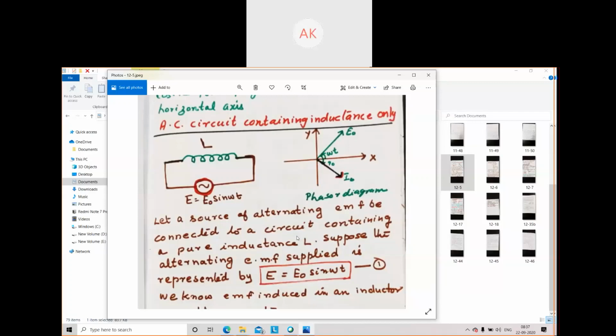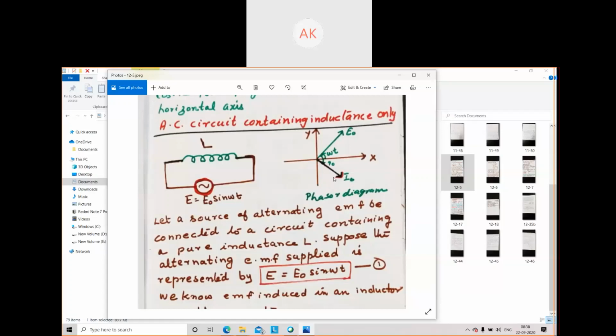L omega is known as inductive reactance. Do you remember that? XL is inductive reactance. So always it will be less. I0 is E0 by XL. Inductive reactance means what? It is the opposition offered by the inductor to AC, just like a resistor offers resistance to the current.